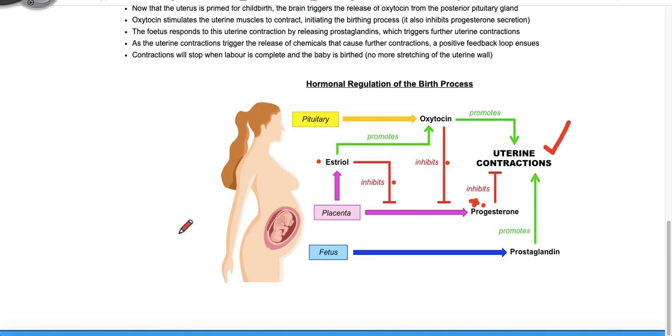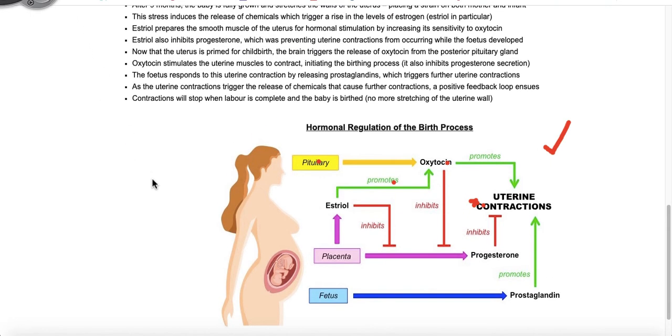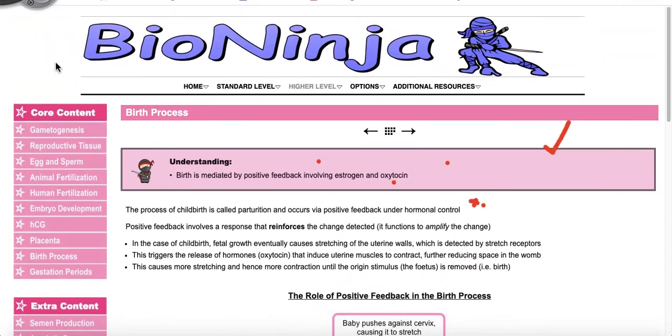Once the umbilical cord is cut and clipped, it's probably going to dry out and fall off within a month's time, and that's where your belly button now is. So baby comes out, placenta comes out, and that's it. That's what happens during the birthing process.